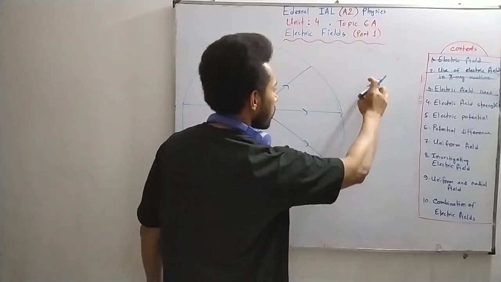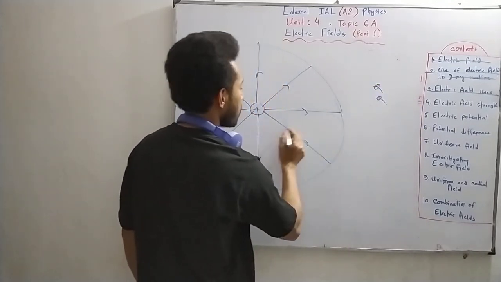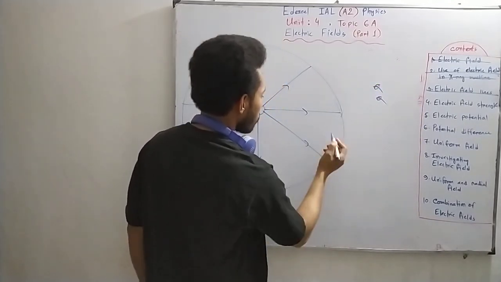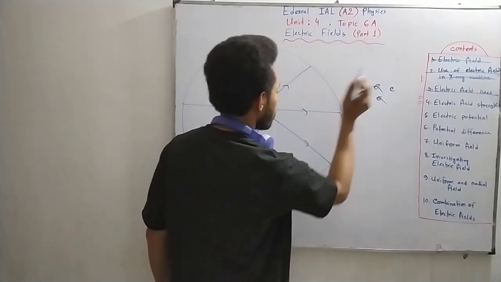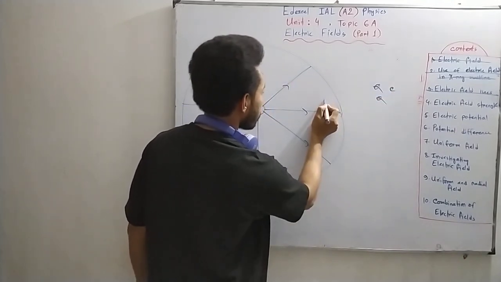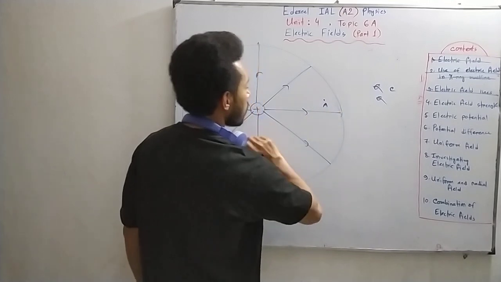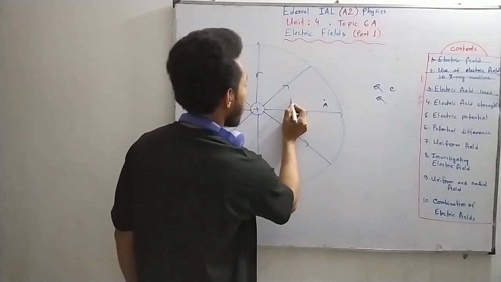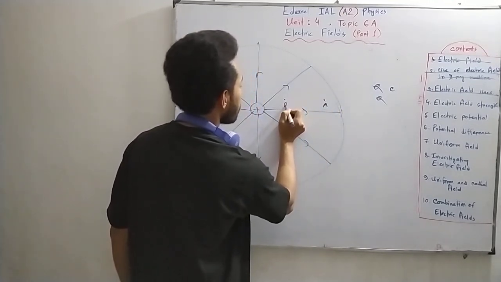Ignoring the sign, just consider Q coulomb charge. Suppose you want to bring some Q coulomb charge to this point, which we denote with A, and this is another point B.